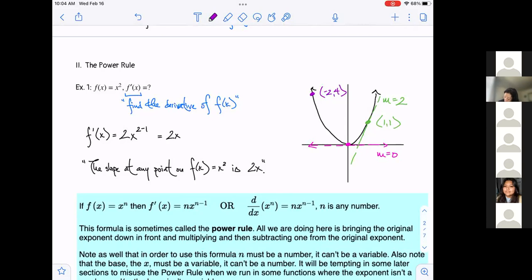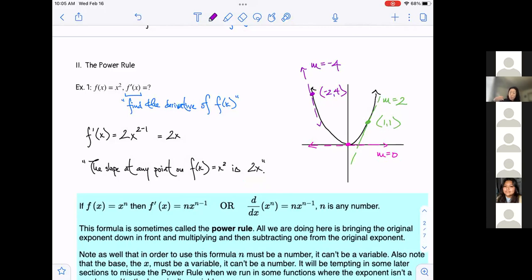This slope is negative. I bet though, we can get a more precise answer. Instead of saying it's negative, since we have the equation of the derivative, we could plug in our x value, right? -2, plug it into this 2x, and Enrique, you are correct. The slope here would be -4.